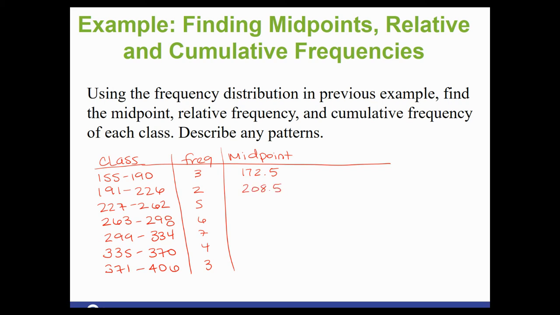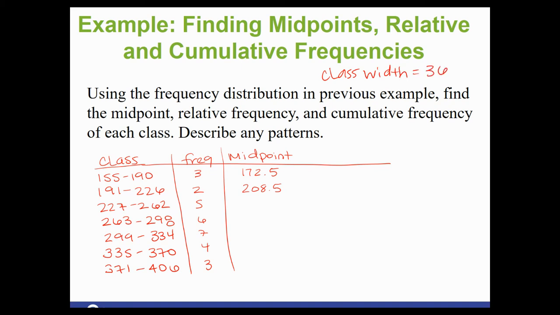208.5. Now the cool thing about this is that this is going to have that same class width. So once you have the first one on there, you can take it and continually add that number 36 again. So I'll jot it up top. Remember, class width was 36.